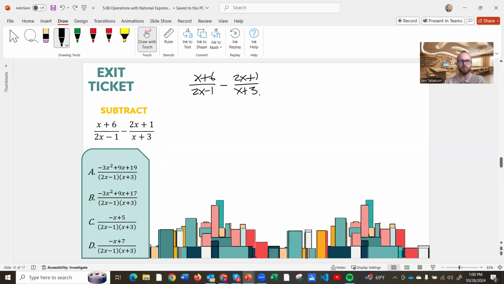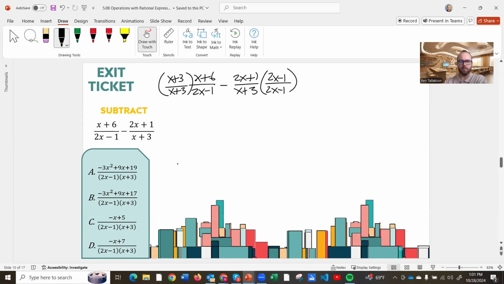So we can just multiply times the opposite denominator. Remember, don't multiply quite yet because we might need to, actually no, we're not multiplying, so we're not going to cancel out. So we can multiply right away.